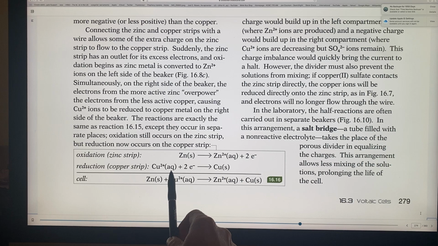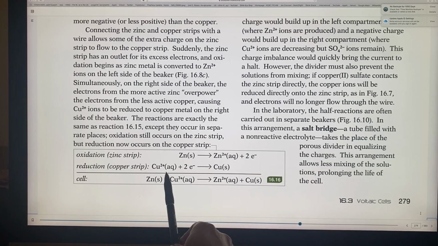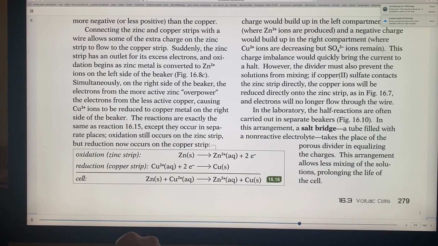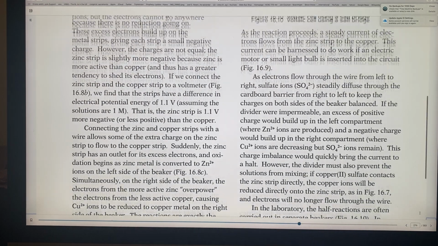And the copper, of course, wants to. So what happens here? This is kind of weird because the zinc, because it's more negative, wants to go to the less negative copper, although they're both negative. So this is kind of a weird deal, but that's the way it happens. The more negative wants to go to the less negative, right? And so here we have the situation, both dealing with electrons, with the oxidation and the reduction.